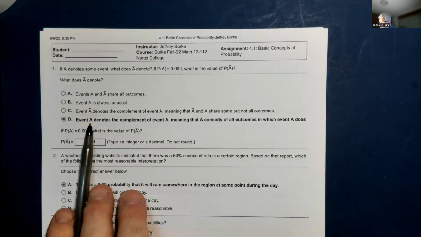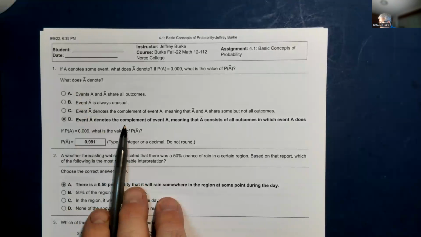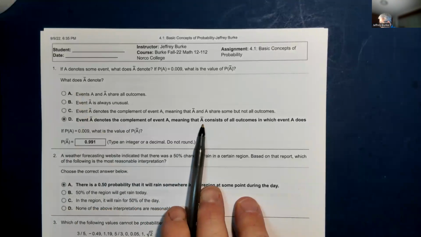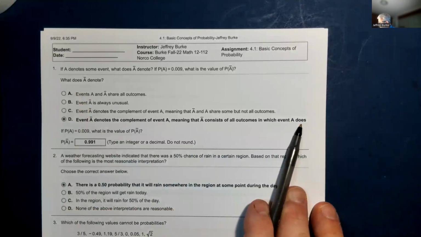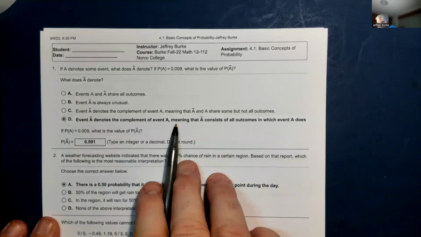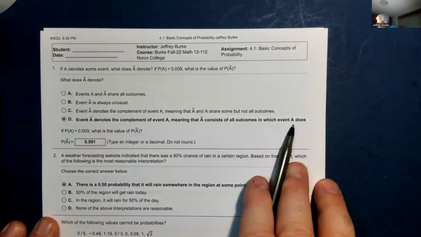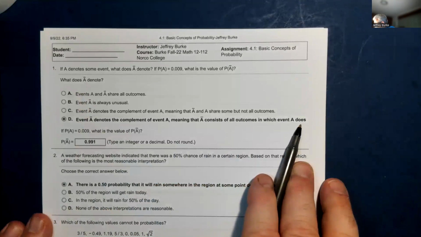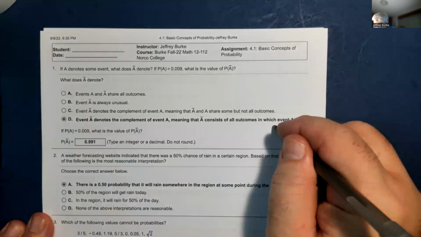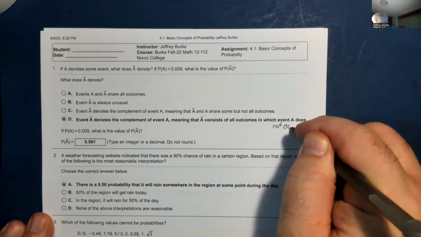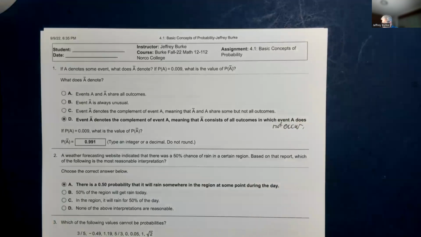And it says event A naught denotes the complement of event A, meaning that A naught consists of all outcomes in which event A does not occur. That's the only one that would make sense. And in fact, that's what it is.